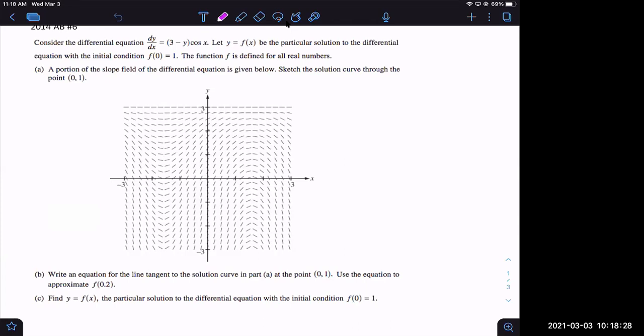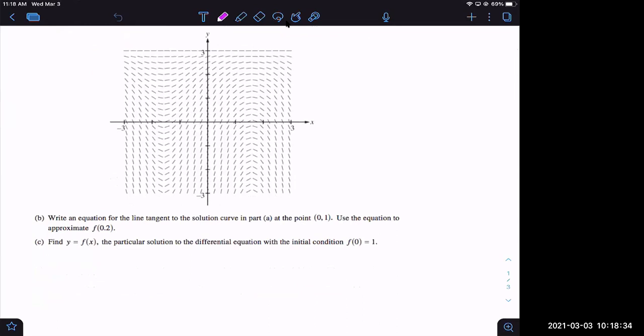I have no idea. B? Yeah. You have a point, 0, 1. What's the slope? Is it dy/dx? So you just plug it in. And you need to solve this differential equation to approximate. It says use your equation, so after you have your tangent line, you need to plug in first. Simplify. So just replace x on the right with 0.2.